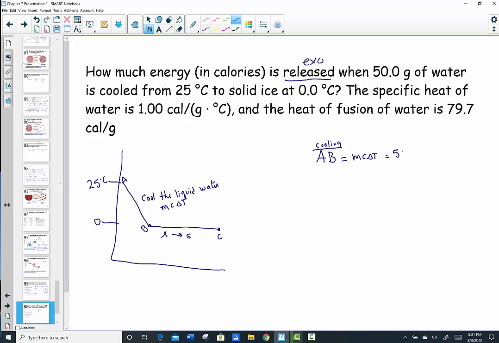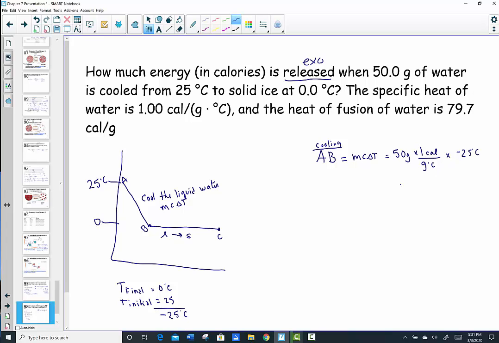We had 50 grams of water times the specific heat of water, which is 1 calorie per gram degree Celsius. And how much did the temperature change by? Well, T final is 0, T initial was 25, so it lowered by 25 degrees Celsius.